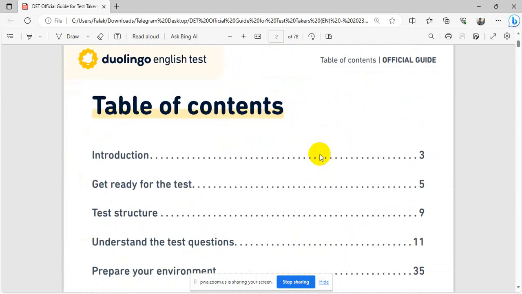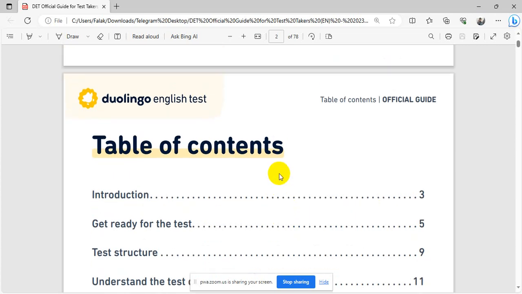So, in the last session, we spoke about the Duolingo test itself. We explored some differences between Duolingo and TOEFL and IELTS. Also, we explored some of the experiences that the rest of the class have had with the Duolingo test, and they shared their experiences. They told about themselves, and that was all.